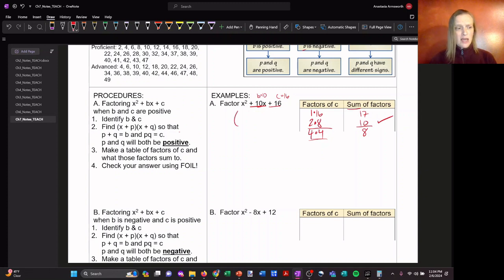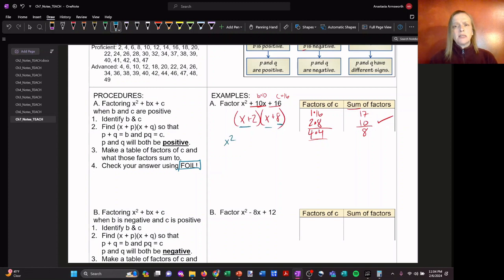So I'm going to write this as x plus 2 times x plus 8, and this should be correctly factored now. Of course, I don't have to guess that it's correctly factored. I can check by using FOIL, using the distributive property. When I multiply x times x, I get x squared.